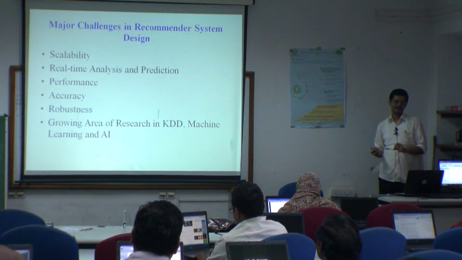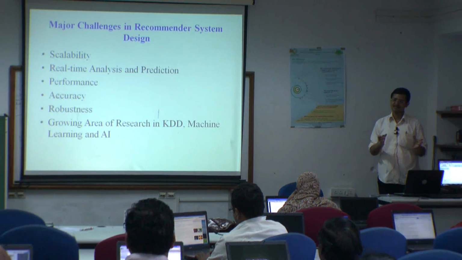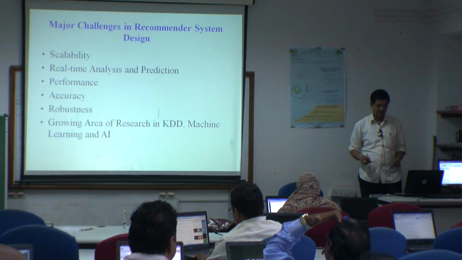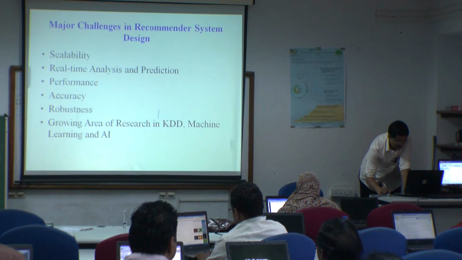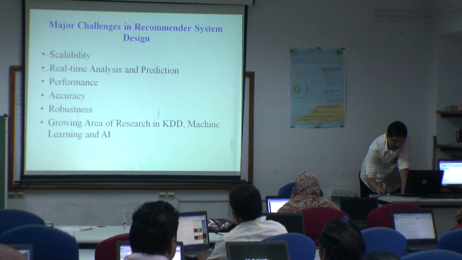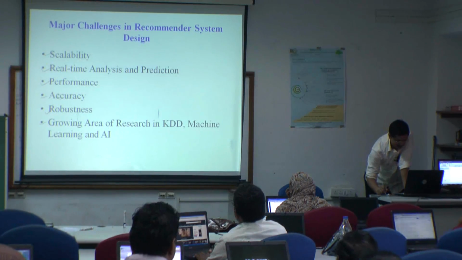Now the major challenges of recommendation system design. Collaborative filtering is just a technique to achieve beneficial recommendation systems. The challenges are, first, scalability; second, real time analysis and prediction; third, performance; fourth, accuracy; next, robustness; and last, the growing area of research in KDD, machine learning and AI.